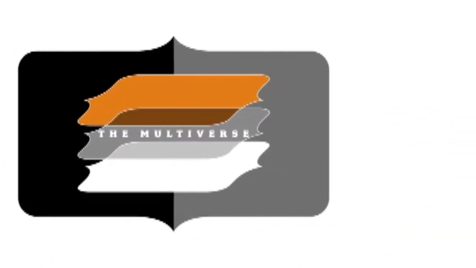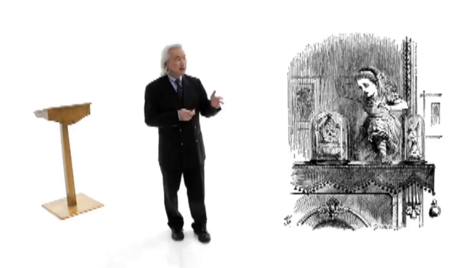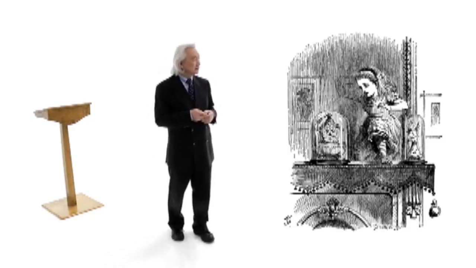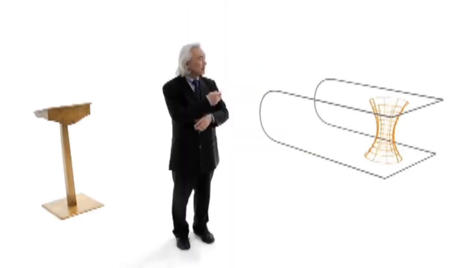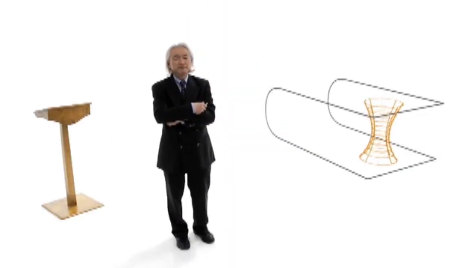If there are other dimensions, if there are other universes, can we go between universes? Well, that, of course, is very hard. However, Alice in Wonderland gives us a possibility that maybe one day we might create a wormhole between universes. This is a wormhole.